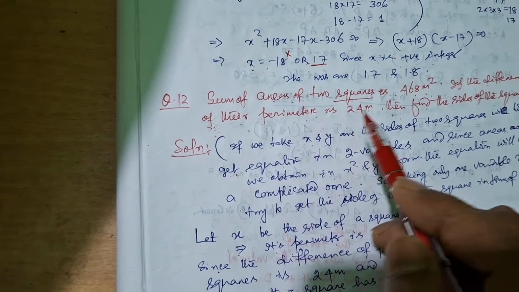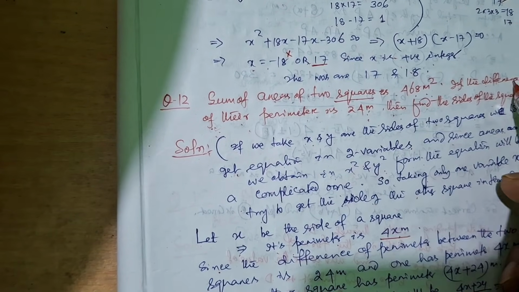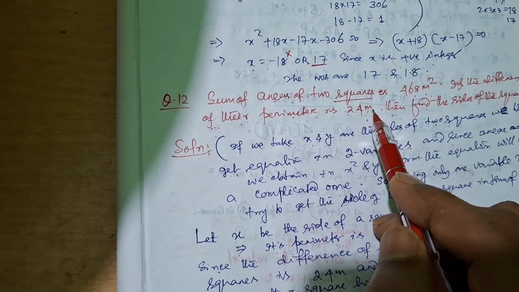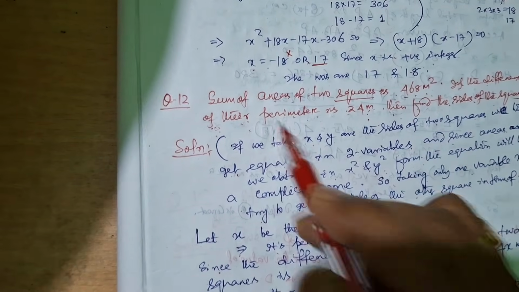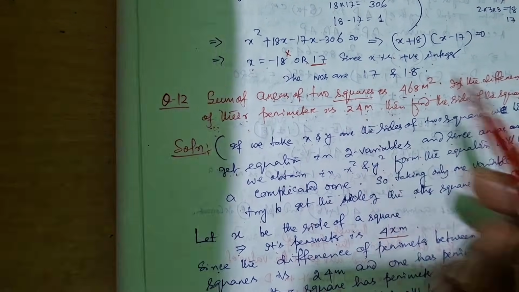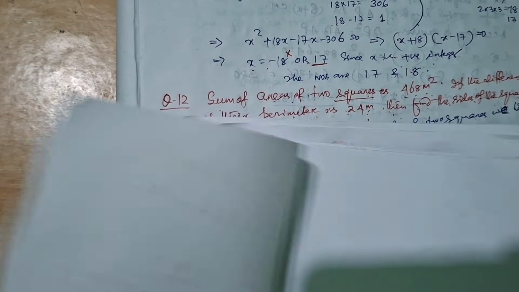If the difference of their perimeters is 24 meters, find the sides of the squares. What else is given? The sum of the areas of the two squares.